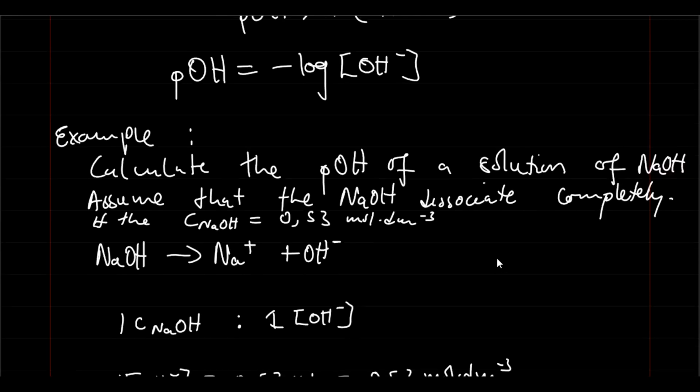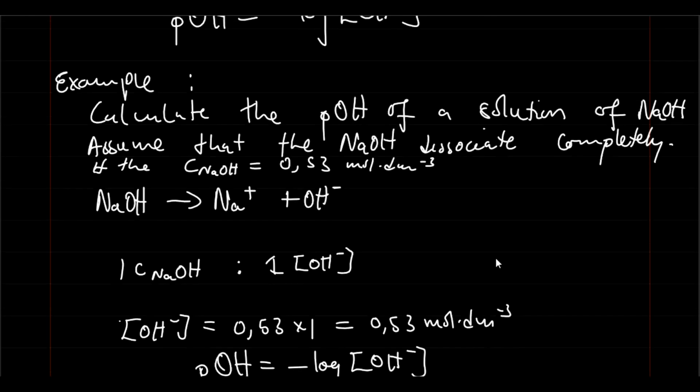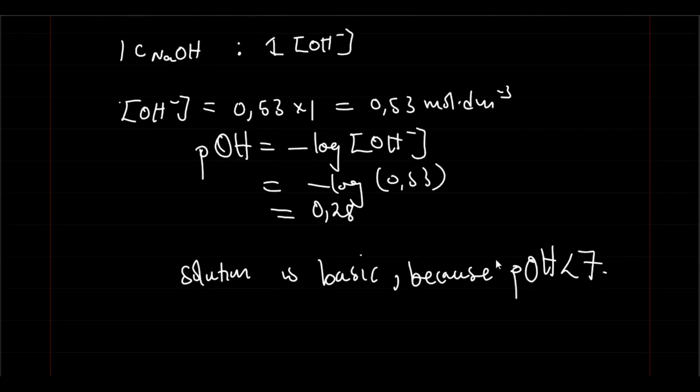So you know now how to calculate pH from a given concentration. Okay, so now let's up the stakes. What if now they give you a pH, and then they want a concentration?